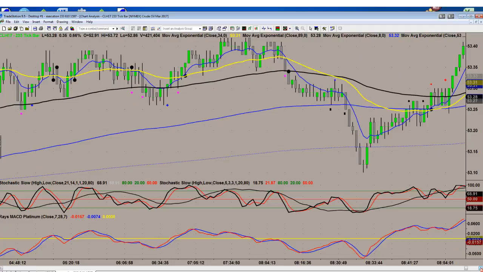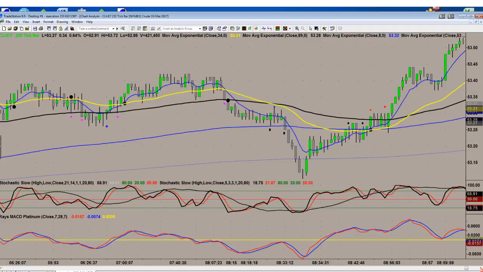I'm going to show you the example here. Prices are now coming back. We now have prices hitting the 200. Prices are now hitting the 89.